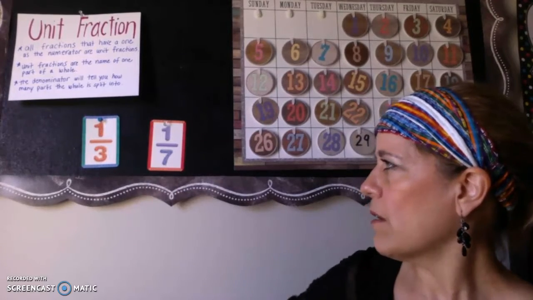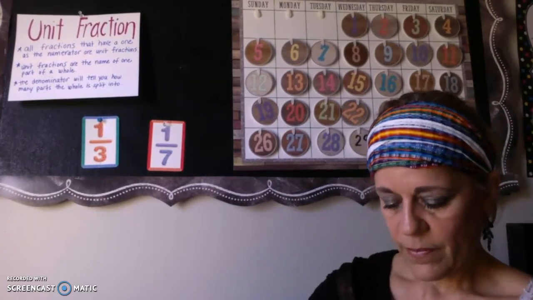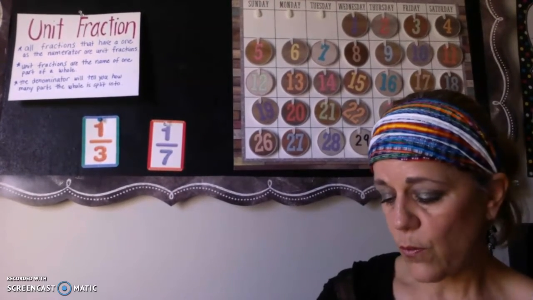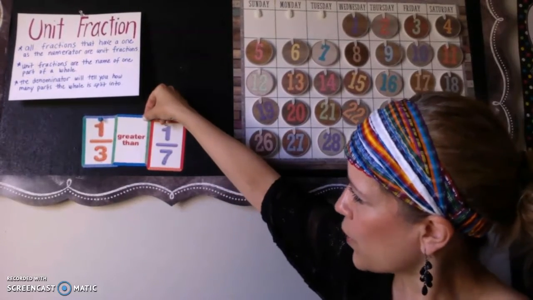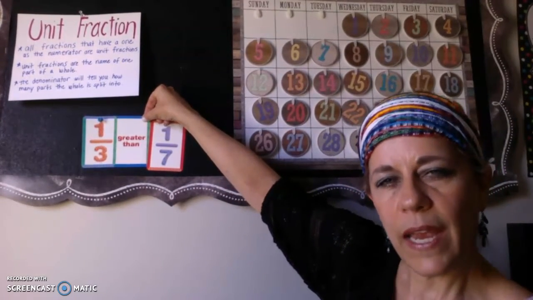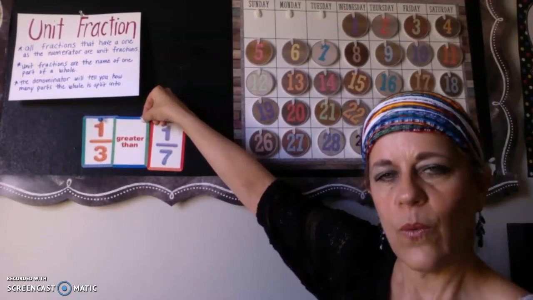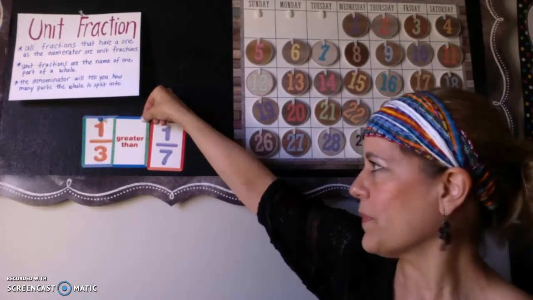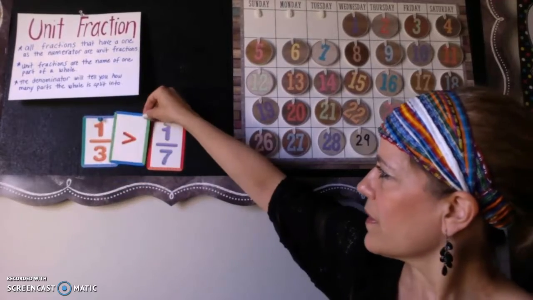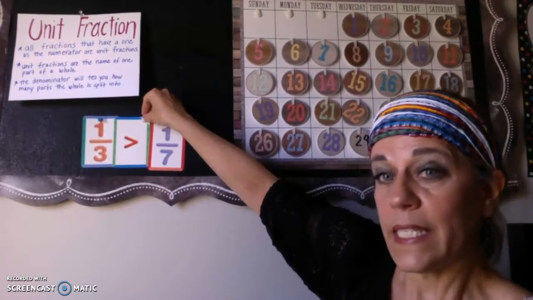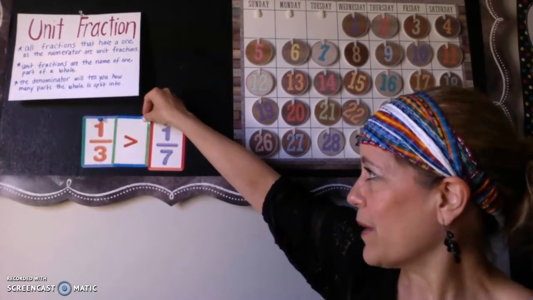Which one's bigger? Yeah, 1/3 would be greater than. We would say 1/3 is greater than 1/7. And we know that the greater than symbol looks like it's eating the bigger piece, right? The bigger part.